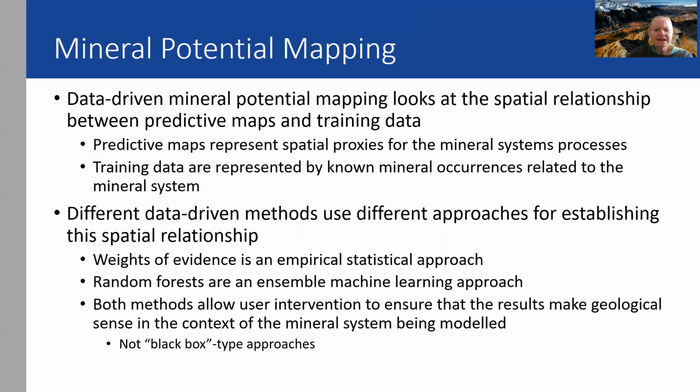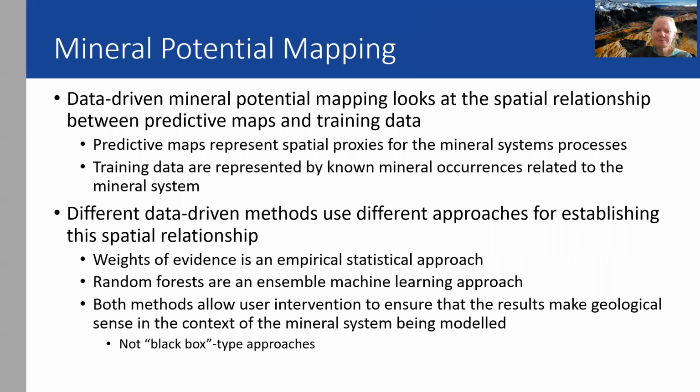So different data-driven methods use different approaches for establishing and quantifying this spatial relationship. So weights of evidence is an empirical statistical approach that uses Bayesian statistics, and random forests are an ensemble machine learning approach.